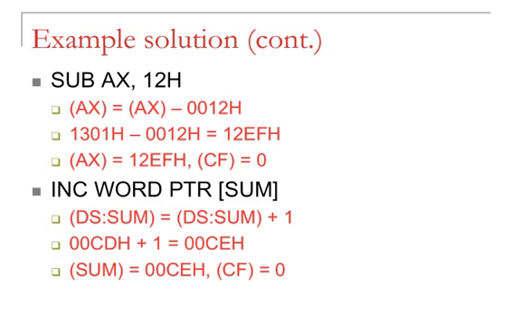If I do increment byte pointer sum, what will be the content in this memory? So we're going to do increment byte pointer sum. So it's going to be CE.